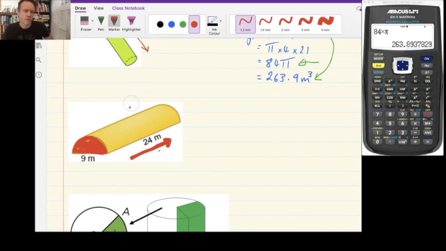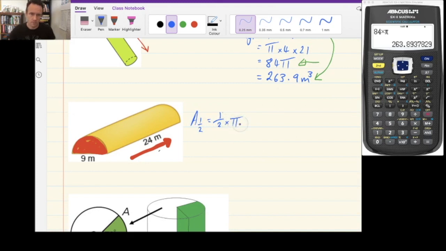So the area of that can be found a few ways. You can find the area of a complete circle and then halve it, or we can do the area of half a circle and say that must be equal to 1/2 times pi r squared. And there are other ways you can find it.